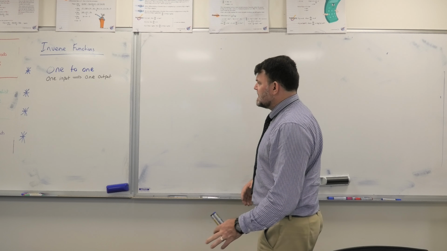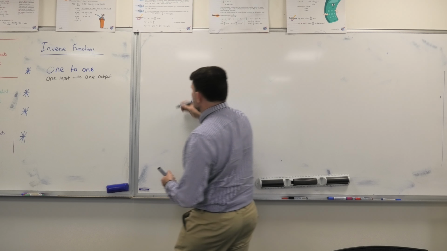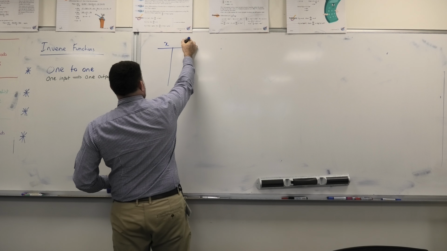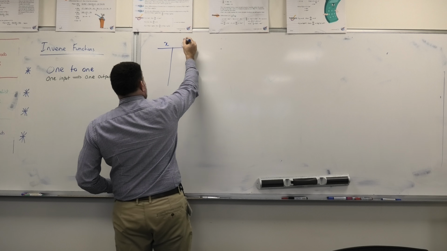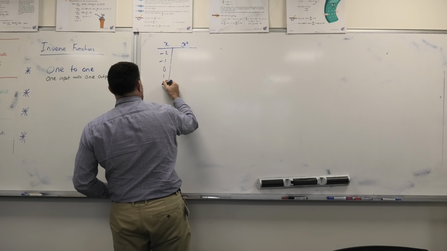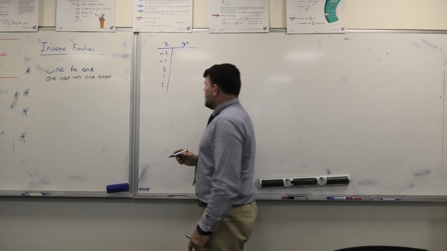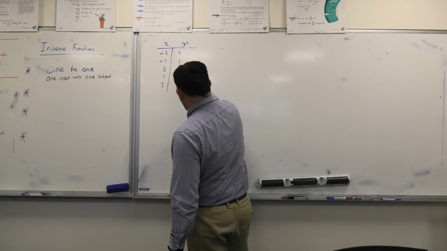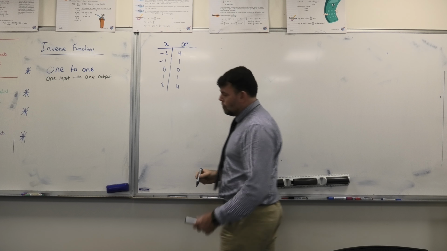Let's have a look at a couple of examples. So let's look at x and x squared. So -2, -1, 0, 1 and 2. If I was looking at this here, I would get 4, 1, 0, 1 and 4.